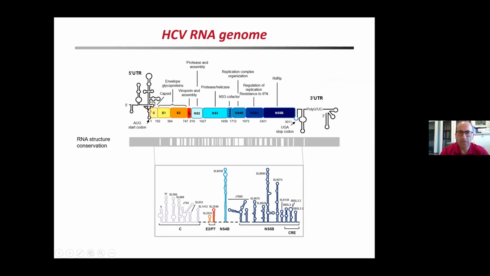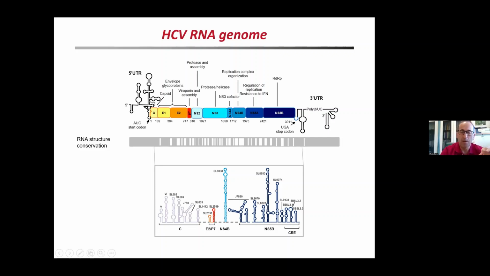The genome of HCV is a single-stranded RNA molecule which contains a single open reading frame that is flanked by two untranslated regions. These untranslated regions are very rich in complex folded structures, characterized by discrete structural units that are universally conserved.